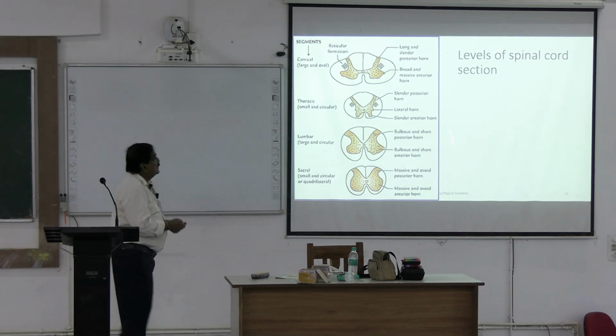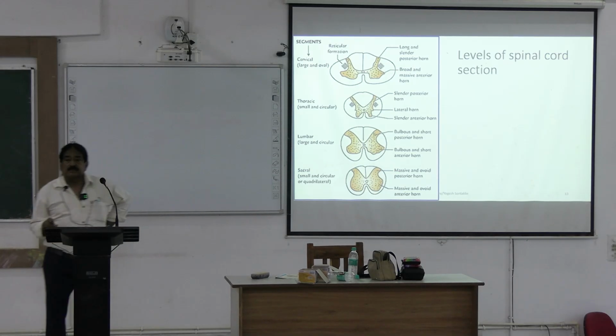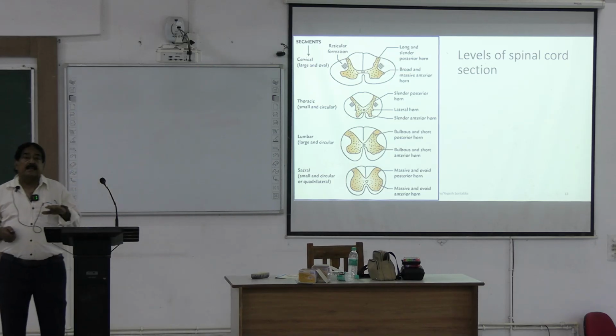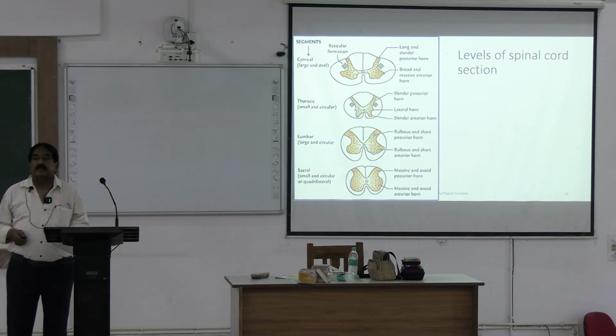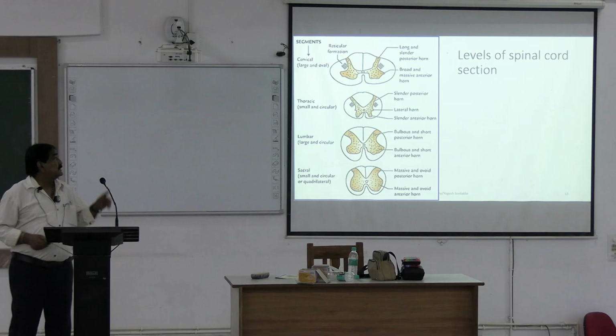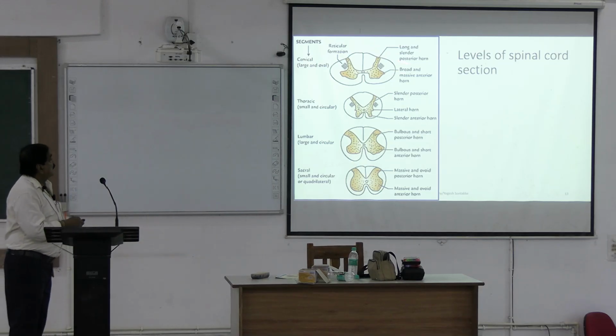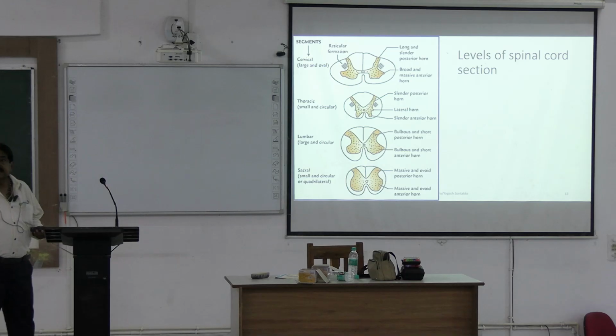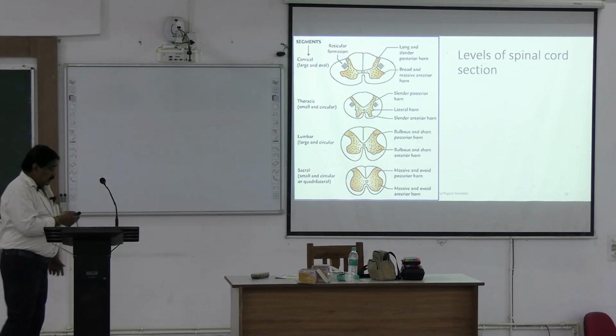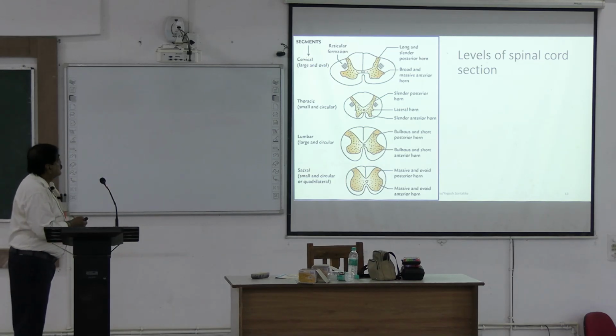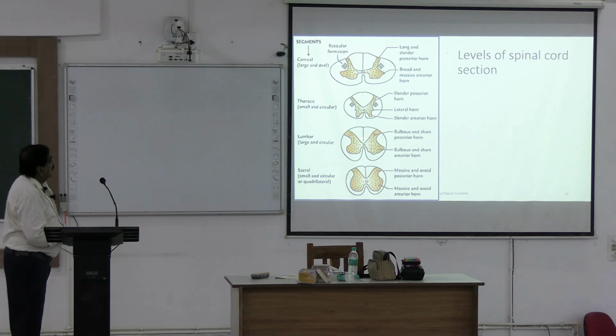Now please see this in your books and correlate. Draw the diagram at this level: this is the section of the spinal cord at cervical level, this picture is thoracic level, and this is lumbar level, large and circular.